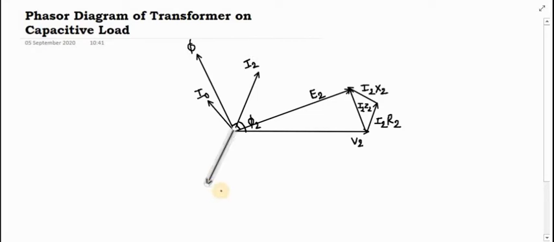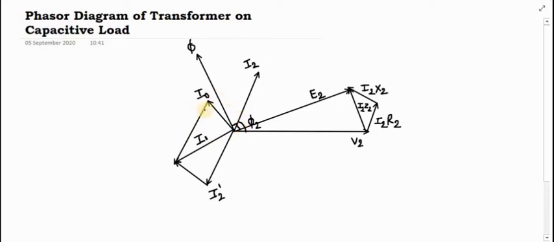And the vector sum of this I2 dash and I naught is nothing but your current I1. This one is your I1.